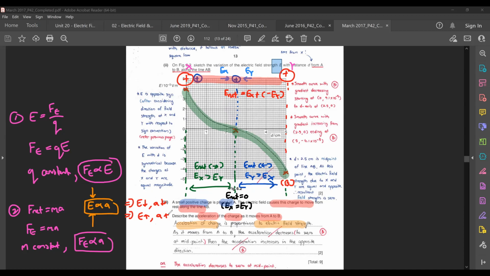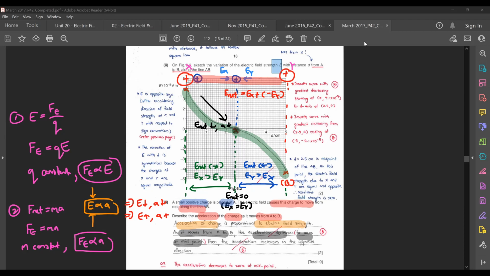So consider this now. When you're moving from here to here, your E is dropping, isn't it? So your acceleration will be dropping. So as it moves from A to B, your acceleration will decrease, but it will be decreasing to 0 all the way to the midpoint here.